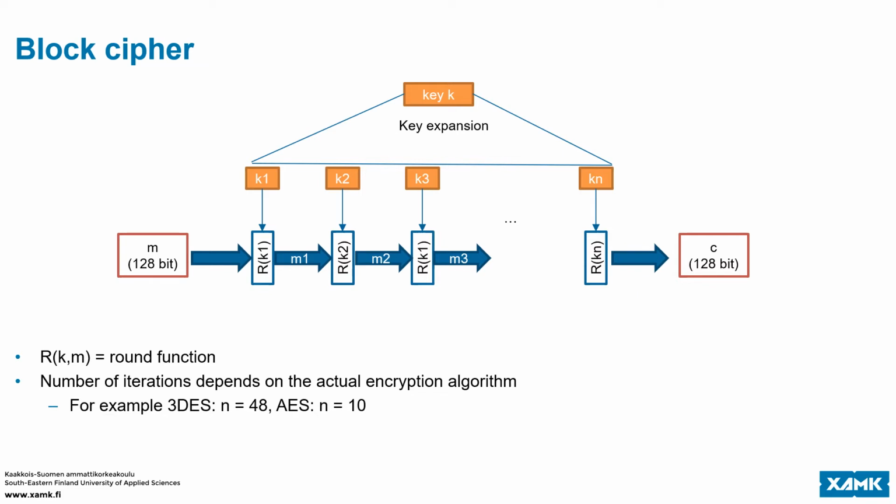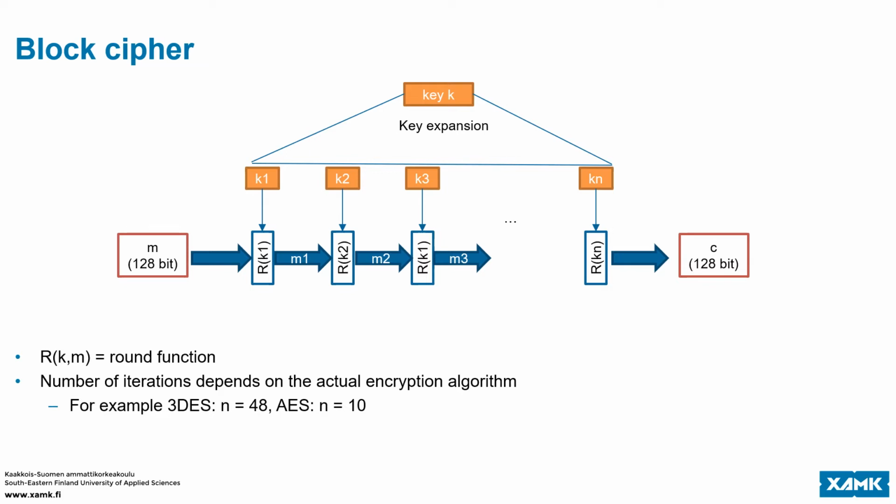The block cipher is an iterative process, meaning each block of data gets processed with several rounds using the different round keys. The number of iterations depends on the actual encryption algorithm, but for example, for AES, the number of rounds is 10. During each round, the block of data is processed using a round function, which uses the round key to cipher the data.